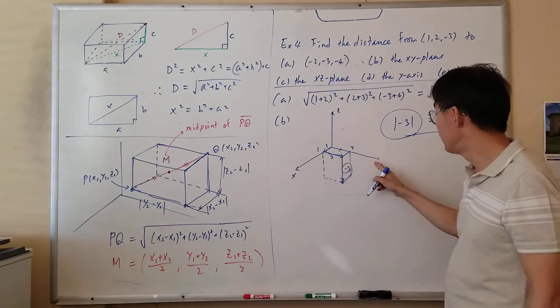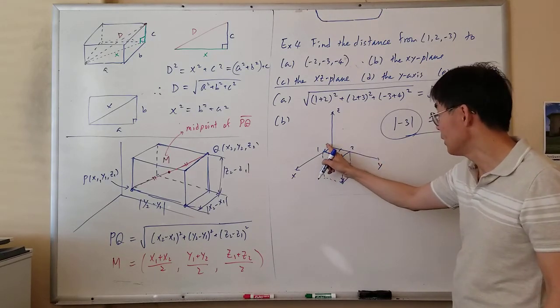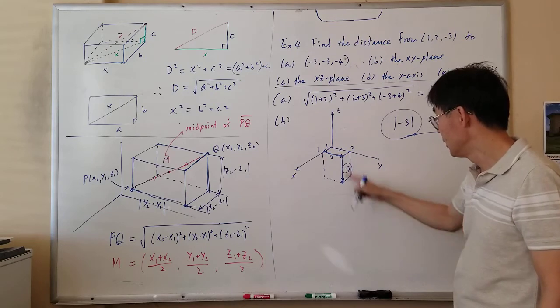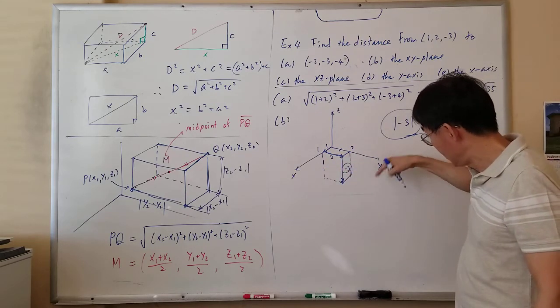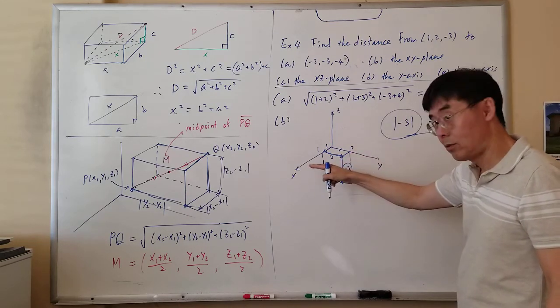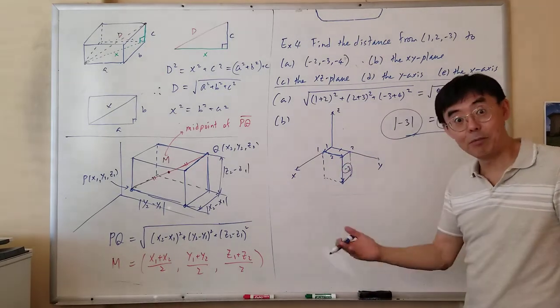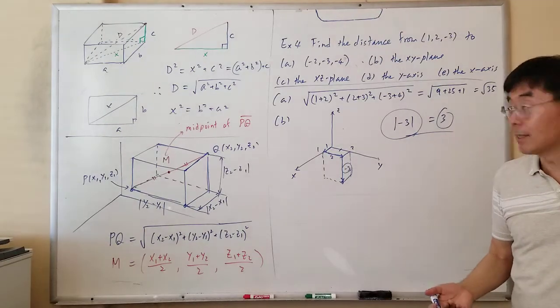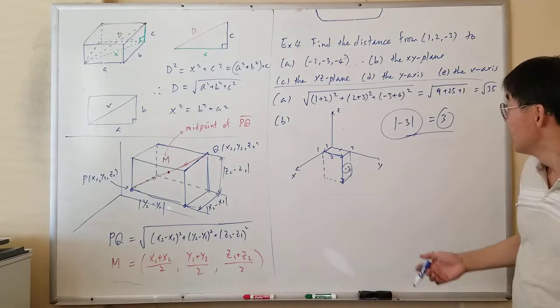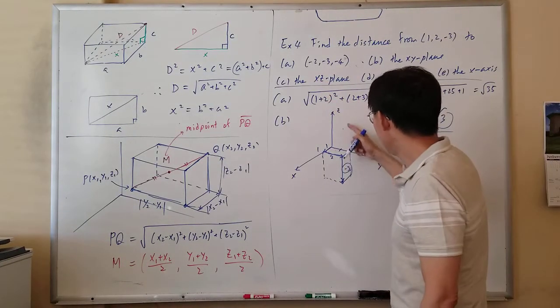What about 2, 5, negative 7? Then you go from that 2, 5, and then negative 7. That will be the absolute value of the z coordinate again. Alright? What about the distance to the xz plane?